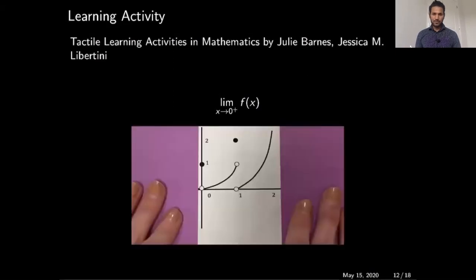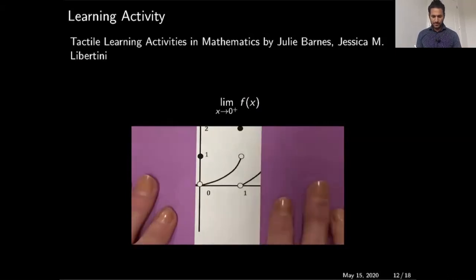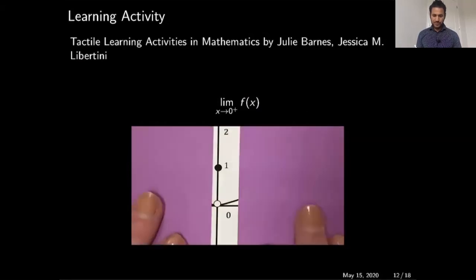So we will put one piece of paper on the left side of 0 and hide the function which is on the left side of 0, because we are not interested in the function on the left side. We are only interested in the branch of the function which is on the right side. Then you move your right piece of paper and approach 0 from the right side, and you see where the branch of the function is approaching.